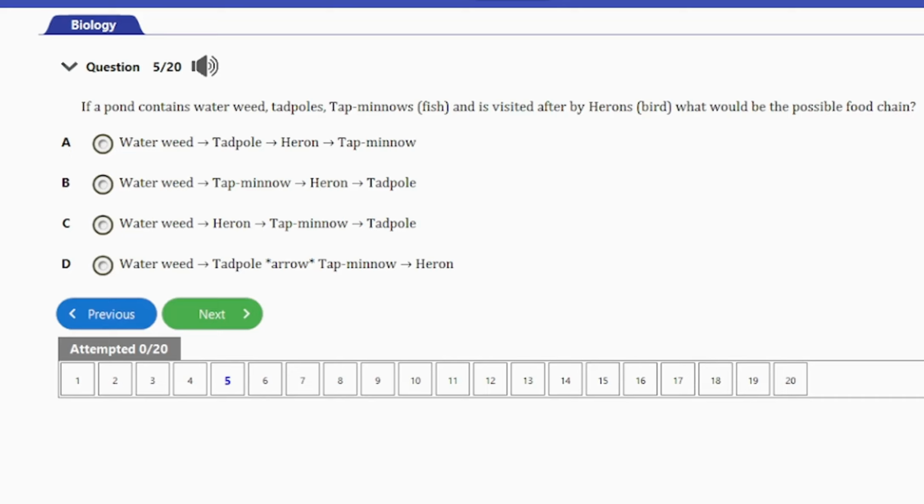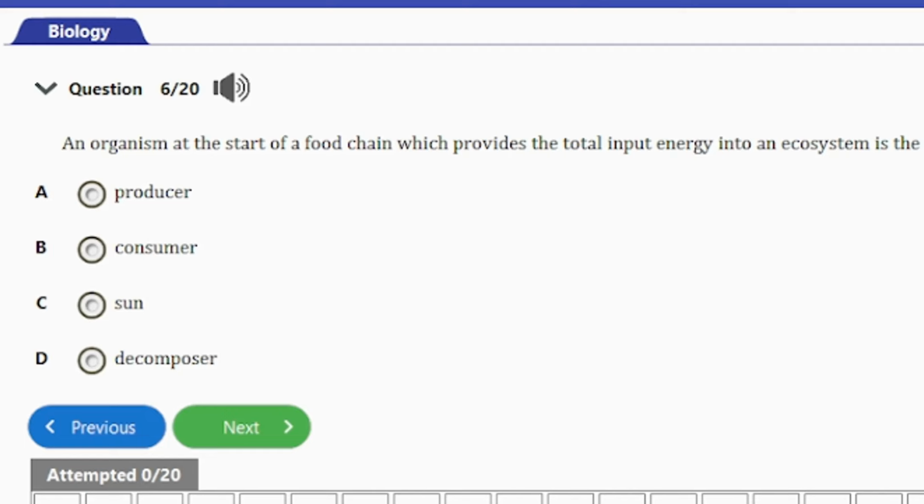C, waterweed to heron to tap minnow to tadpole. D, waterweed to tadpole to tap minnow to heron. The answer to this question will be option D, and that's the correct sequence of the food chain. So let's consider the next question.